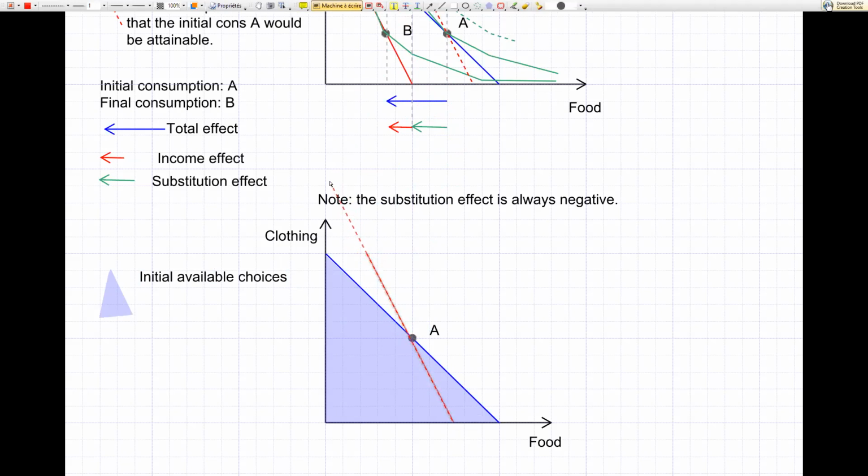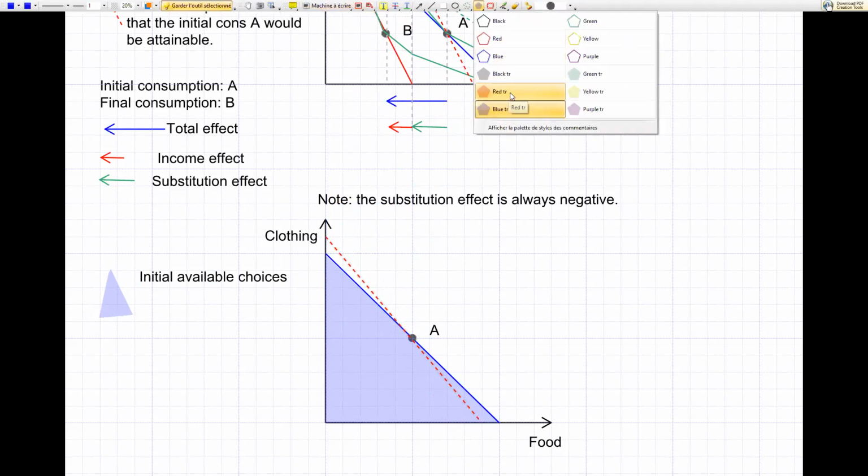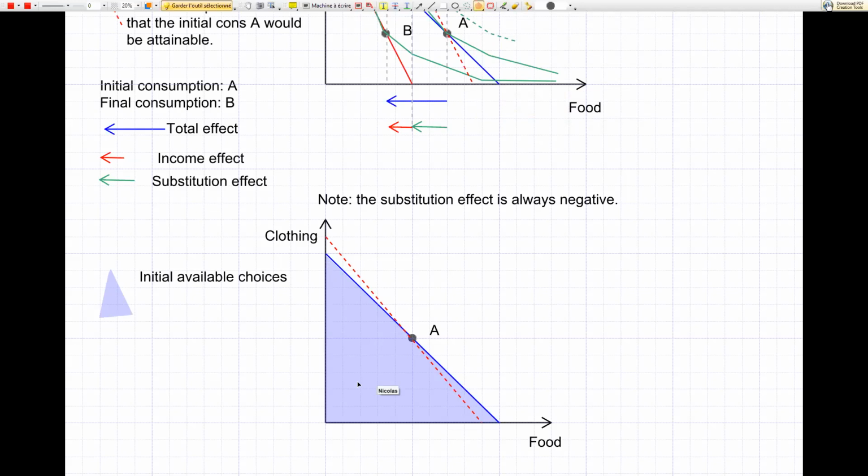Imagine we're not that extreme. Imagine we compensate this way. So now, after the compensation, what are the bundles that are available? Let's use red here.